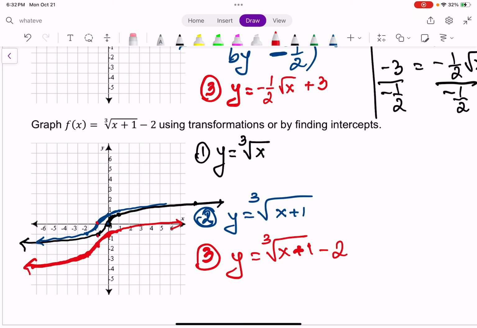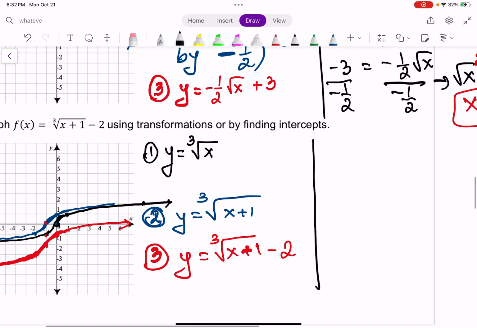Now, if we wanted to find intercepts again, let's see, if I plug in 0 for x, the cube root of 0 plus 1, which is, by the way, 1, minus 2. Cube root of 1 is 1. 1 minus 2 is negative 1. So I should see the point (0, negative 1) on the graph, and here it is.